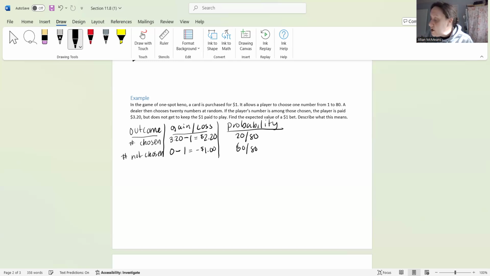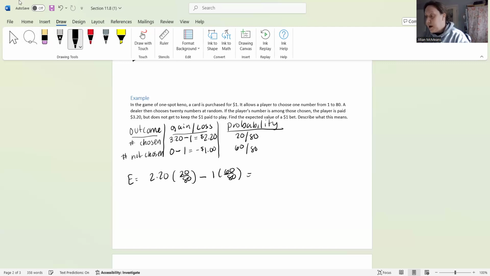And remember what I told you earlier, your probabilities are always going to add up to 100% or to 1. If we take 20 over 80 and we add 60 over 80, we get 100% or 1. Okay? So the expected value here would be $2.20 times 20 over 80, or we lose, so that's going to be minus 1 times 60 over 80.